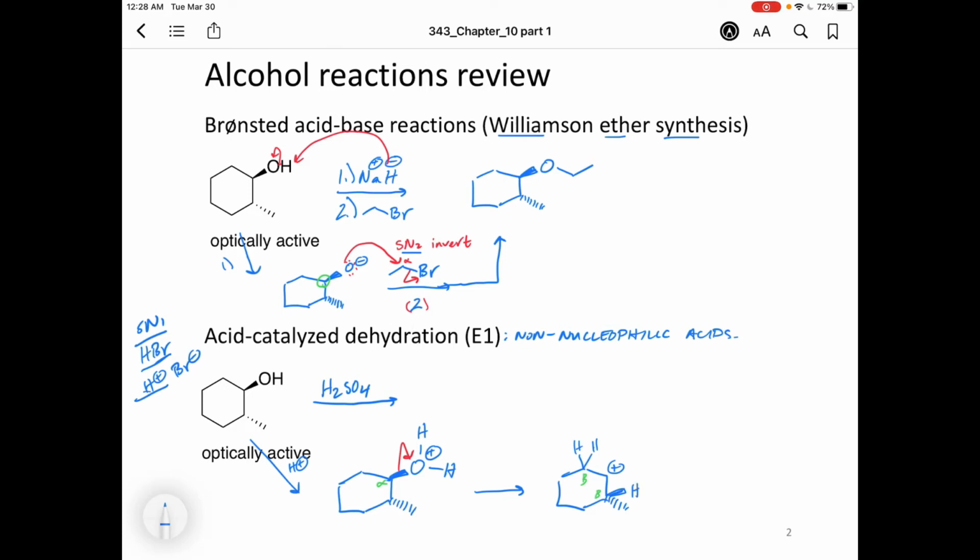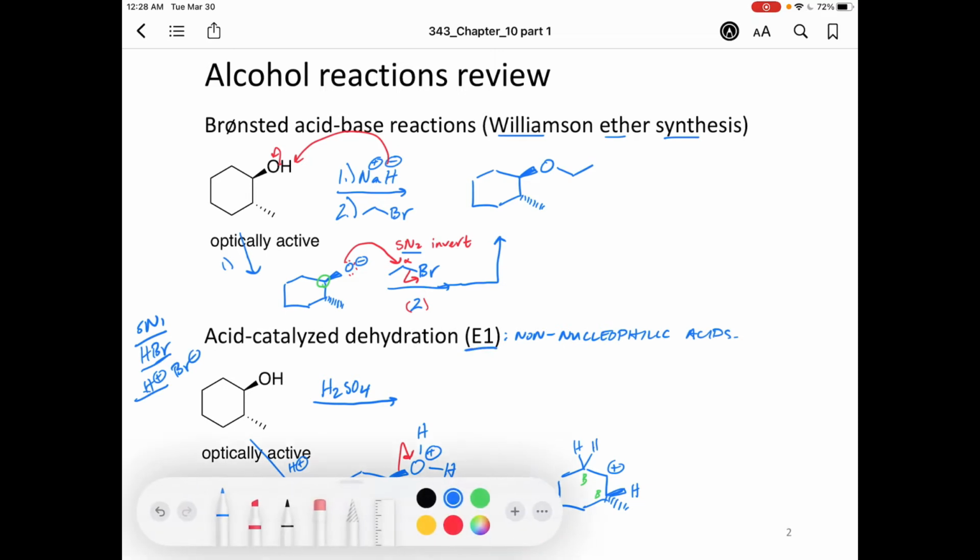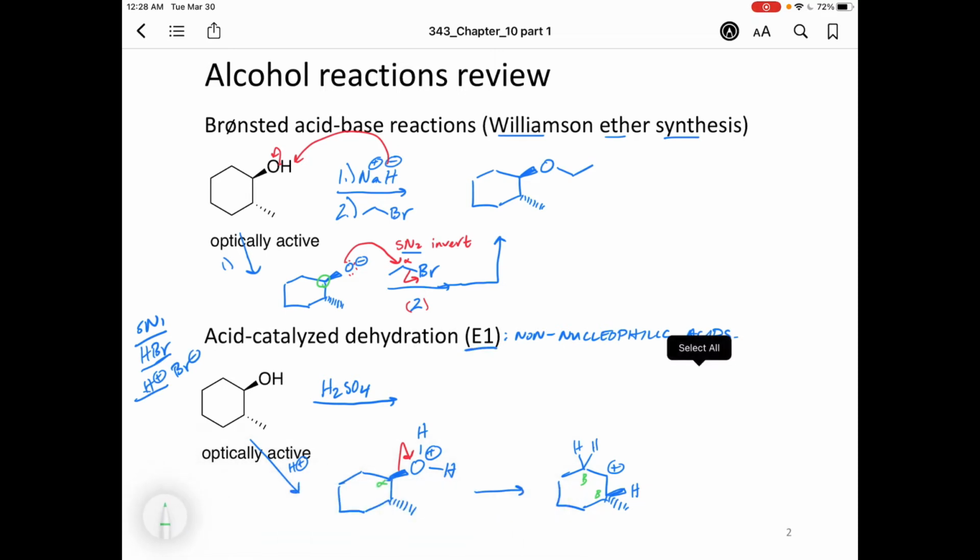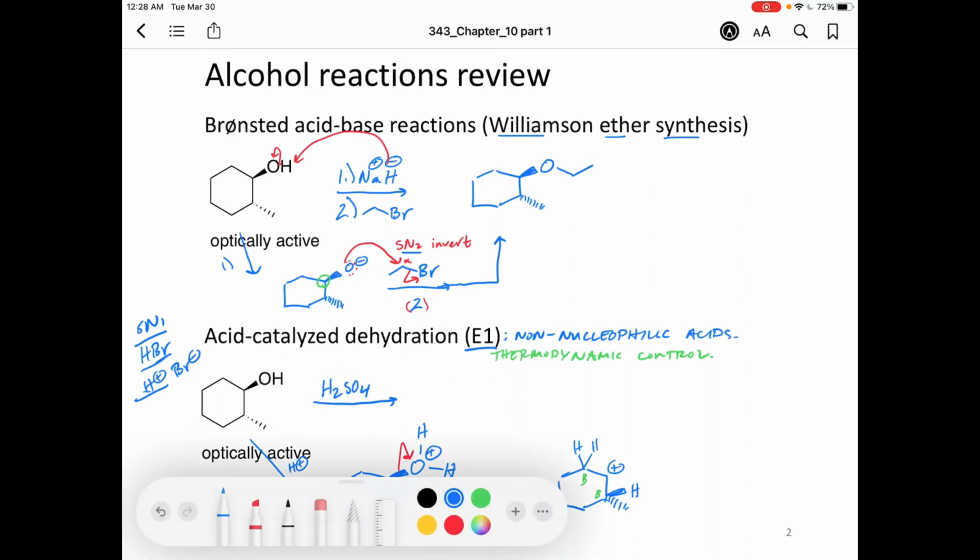And when we're thinking about an E1, remember that this is under thermodynamic control. If it's under thermodynamic control, that means the most substituted alkene will form.